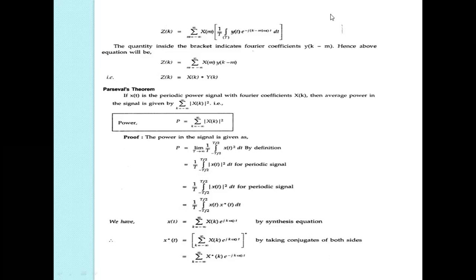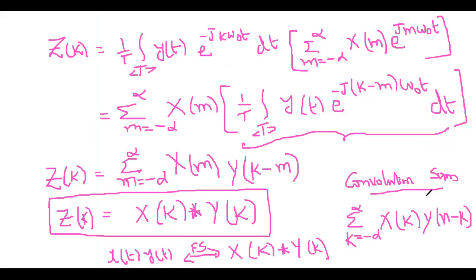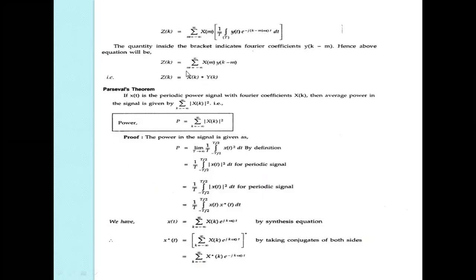We already saw the convolution sum, the sum over k of x of k y of n minus k. So z of k is equal to x of k convolved with y of k.